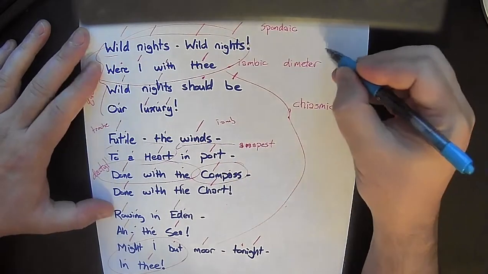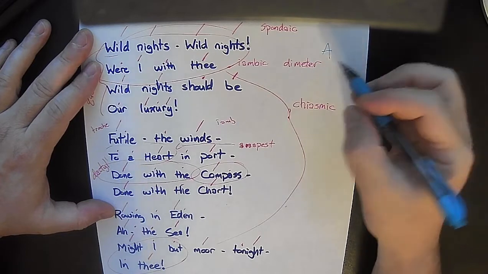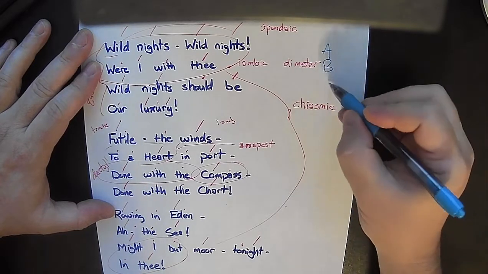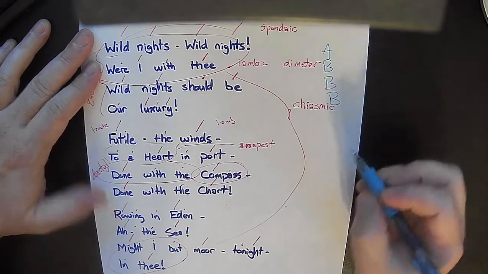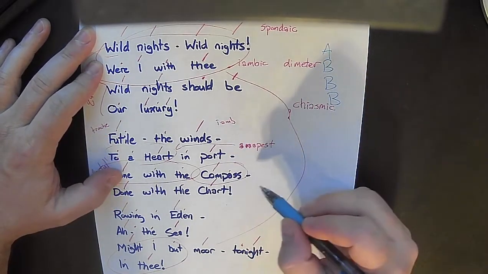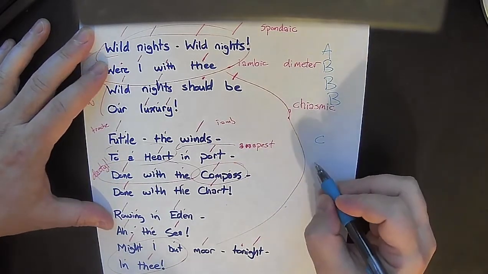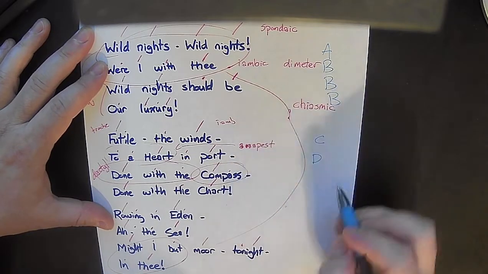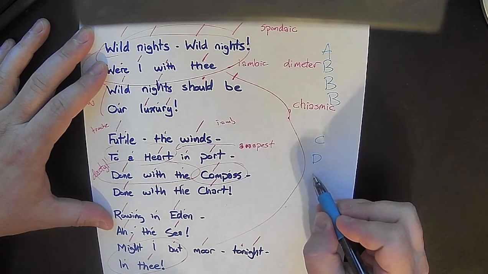they all match. So our rhyme scheme to start here is wild nights. A, B rhymes with the being luxury. So A, B, B, B. Futile the winds to a heart in port. Done with the compass, done with the chart. All right, so I'm going to call winds C. Port is D. Compass is going to be, looks like E. I don't think compass and winds really rhyme.